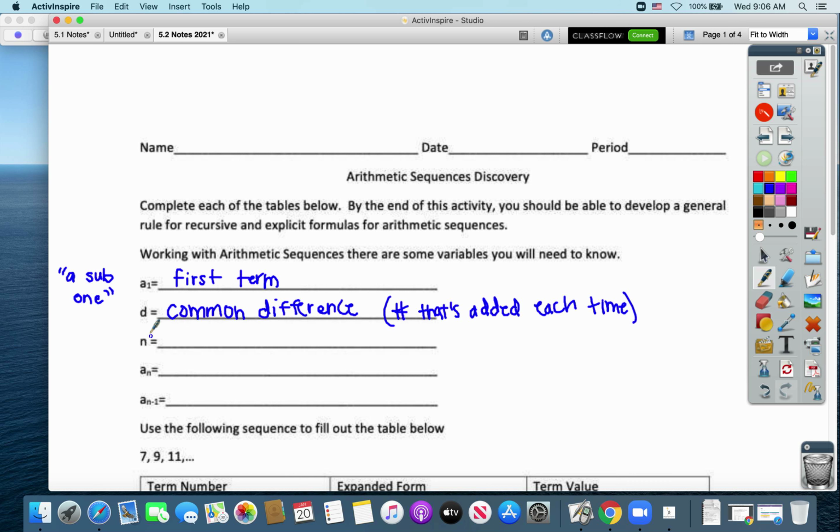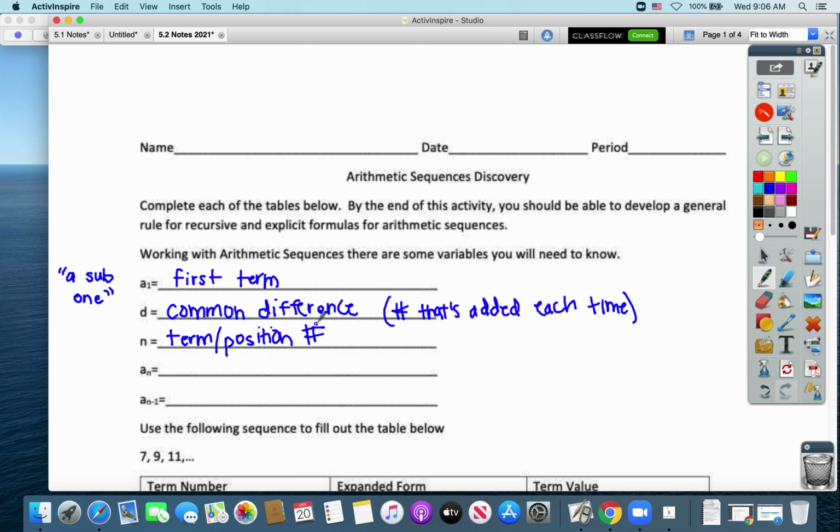Okay, and then we have this variable n, and n is just representing the term or the position number, so where it's at in the sequence.